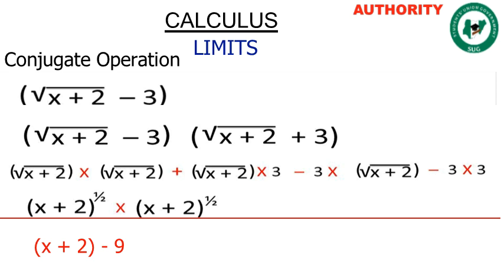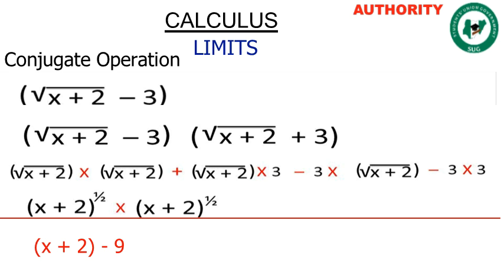Okay, x plus 2 minus 9. Now let me show you something. When you have the operation square root of x plus 2 minus 3 in bracket multiplied by square root of x plus 2 plus 3, you simply pick the number under the square root. What is the number under the square root? x plus 2.